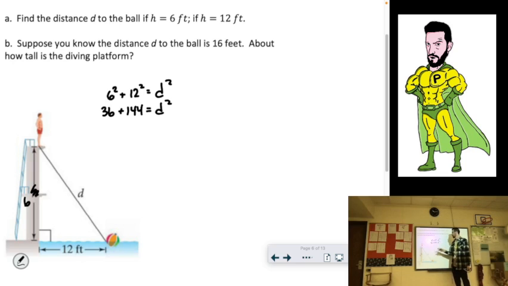If we add those together, we get 180 for d squared. But we got to square root that still. Square root of 180 is 13.4. So if it was 6 feet up, then the distance to the ball would be 13.4 feet.